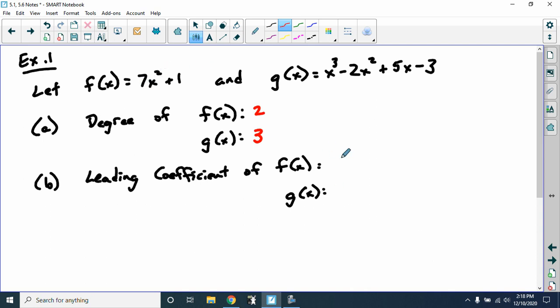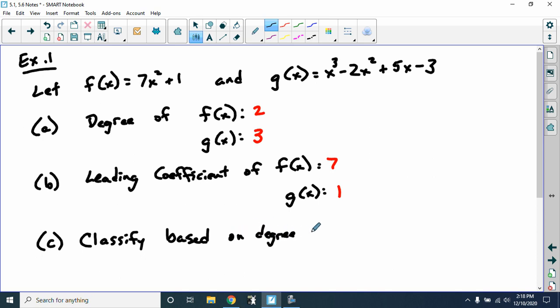The leading coefficient is 7 for f of x. G of x, this is my degree. Leading coefficient is 1. Part C asks us to classify each f of x and g of x based on degree and number of terms.